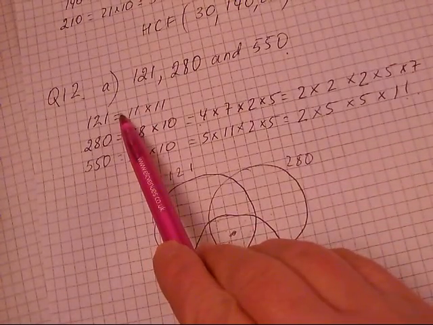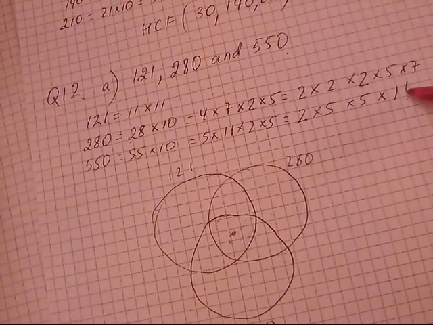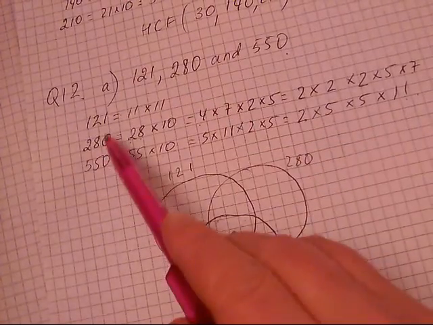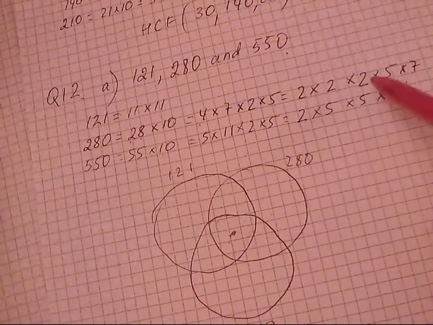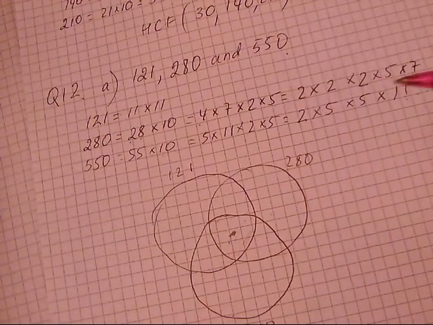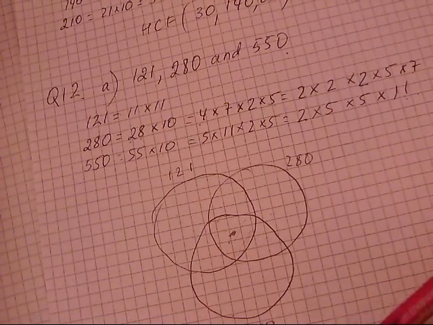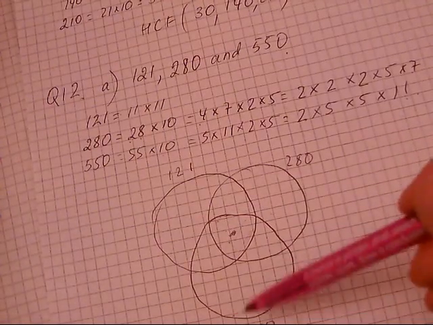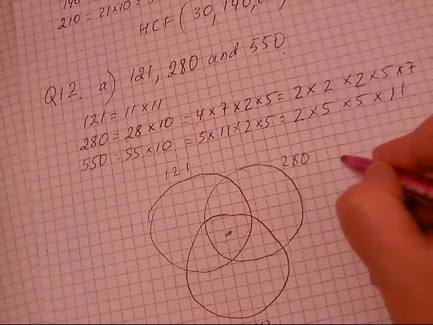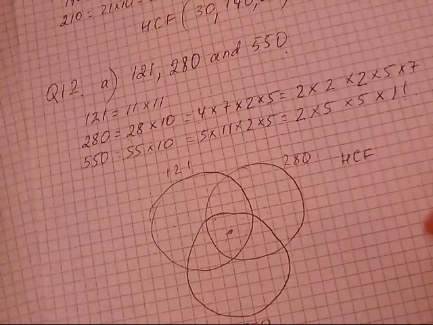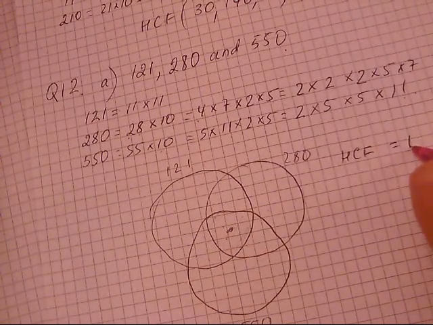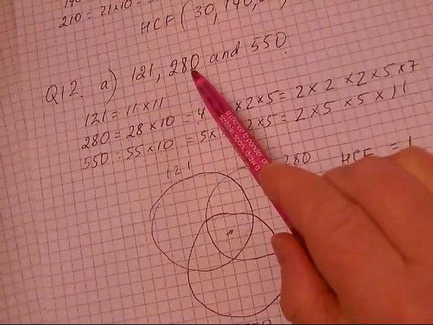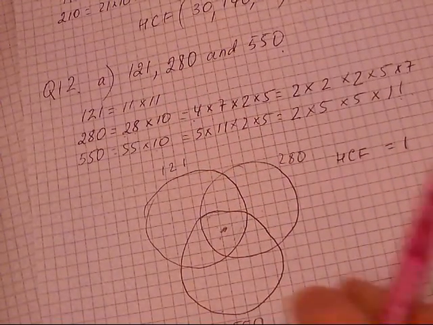Perhaps 121 and 550 would have a common factor 11, but 121 and 280 have no common factor between these two. All three of them at the same time do not have any common factors. So we say the highest common factor of all these three numbers would be just 1, because that's the only number that can divide all three of them at the same time.